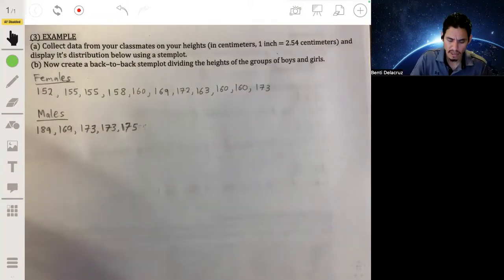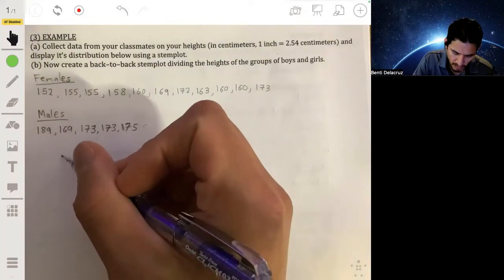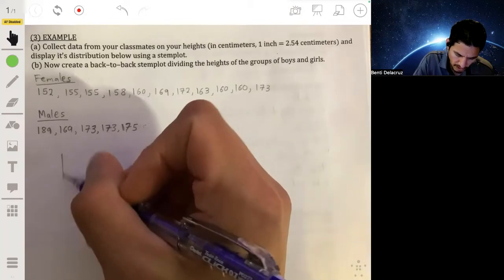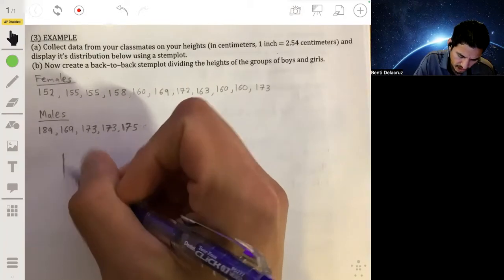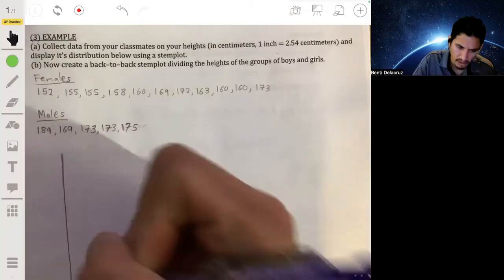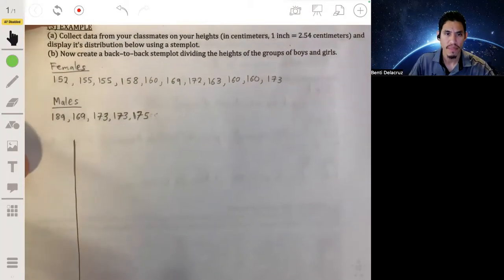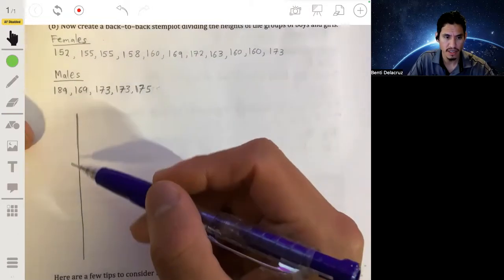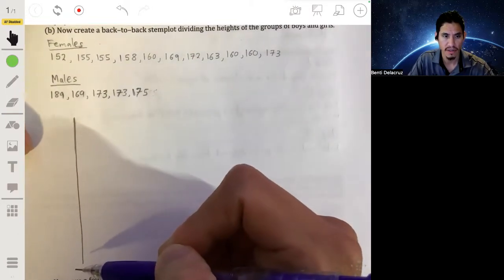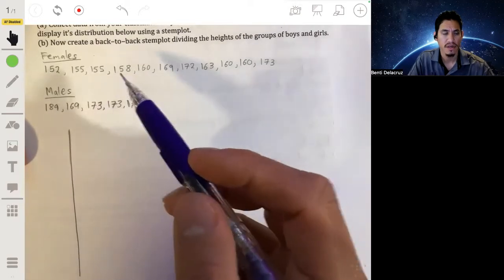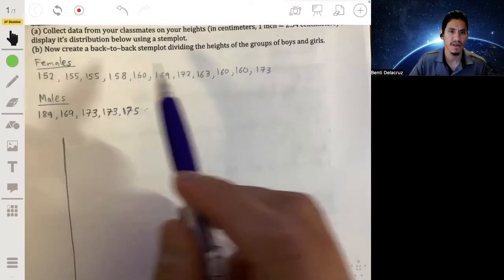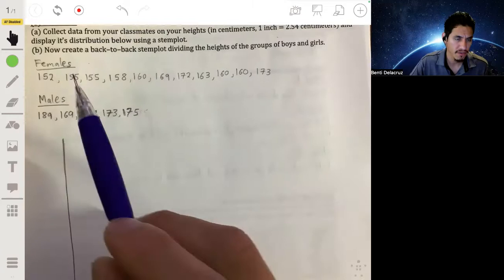For a stem plot, you start off by making your stem, and you do that just by drawing a vertical line. Now, on one side of the stem, the left side typically, you're going to put all the digits in the numbers except for the last one.